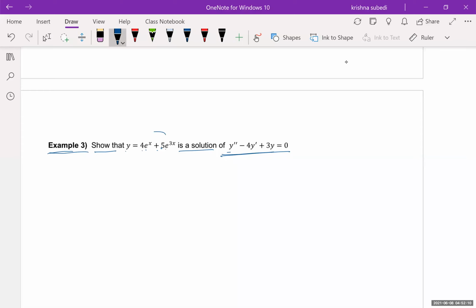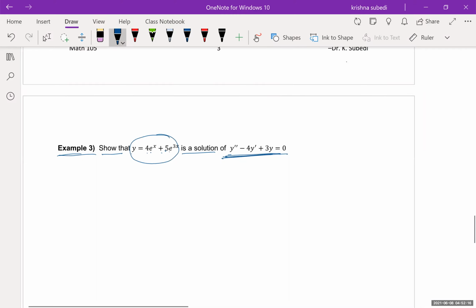We need to prove that this is the solution for this. It means we will solve that equation and then put a y value in that. If both the left and right hand side are equal to 0, then it is a solution of that. Excellent. Okay, guys, try this, everyone.